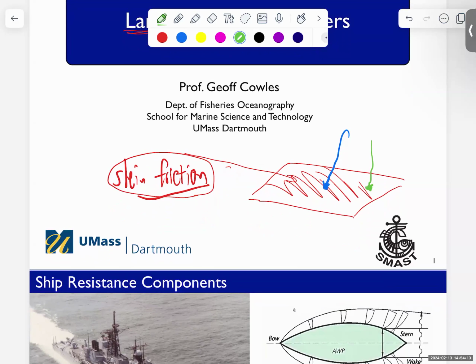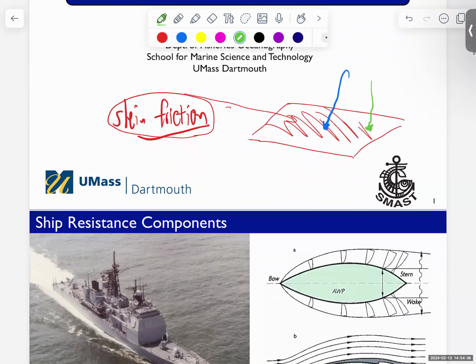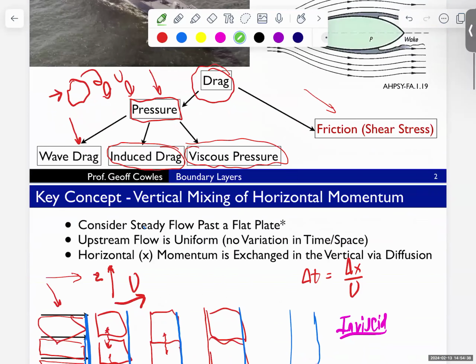But it's important to know something about the distribution, and there are aspects where understanding the distribution is important, particularly when it comes to biofouling. Biofouling objects like algae and barnacles, they struggle to resist shear forces. So you tend to see stronger biofouling where the shear stress is less, and weaker where it's a higher shear stress. And we'll go through some questions related to that.